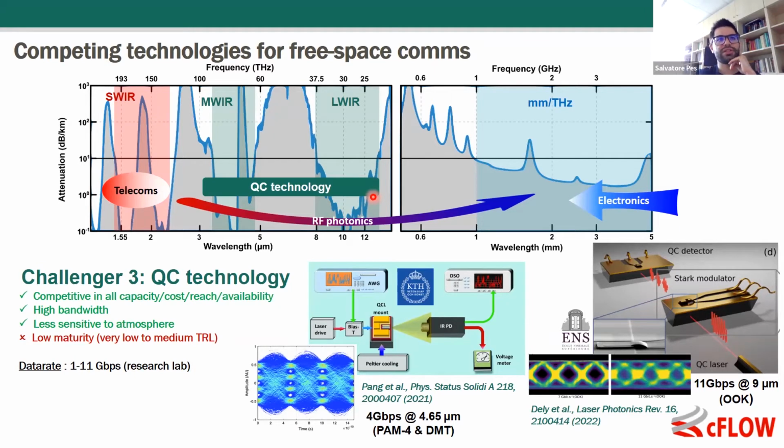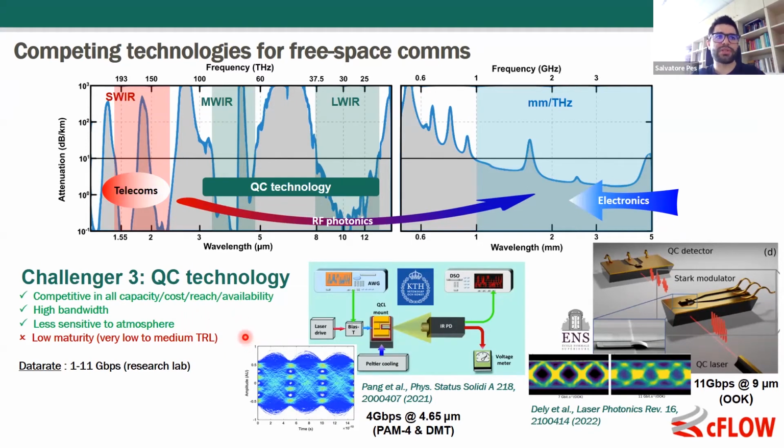The interesting thing about this technology is that it could be competitive on all the criteria I presented before: capacity, cost, reach, availability, and it also permits high bandwidth. Compared, for instance, with RF or telecom technology, it is less sensitive to the presence of the atmosphere.